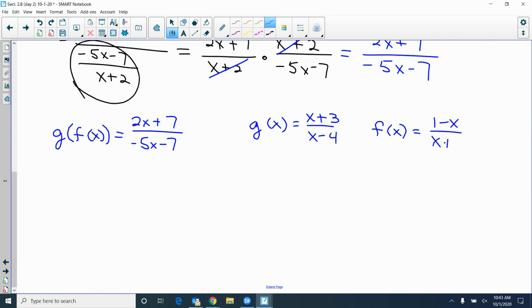All right, do you know what we can't use? What gets thrown out? Negative 2. Negative 2 does, and what else? 4. No, 4 will work. Okay, and then negative 7/5.